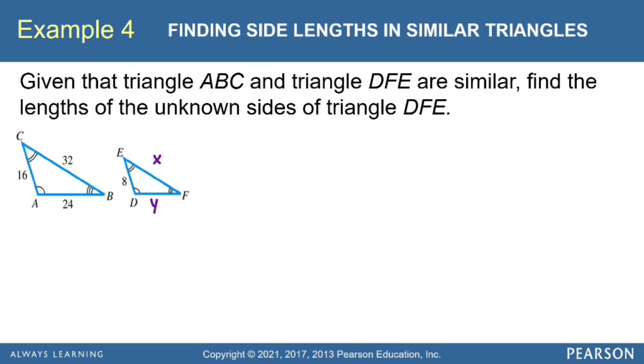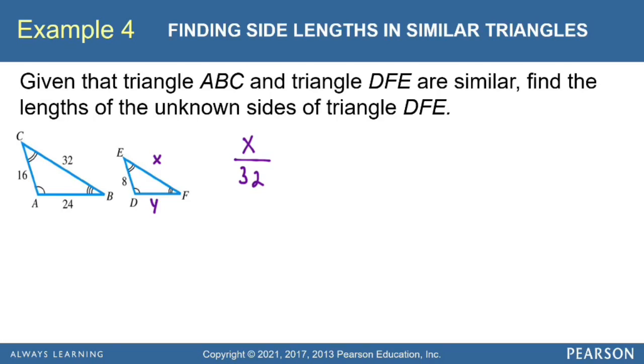And so one way to set up a proportion is to make a ratio using corresponding sides from each triangle. So this side that is length x corresponds to this side that is length 32. So I could write the fraction x over 32. Now for the other fraction, I want to use the pair of sides that I know, and I want to build the fraction the same way.